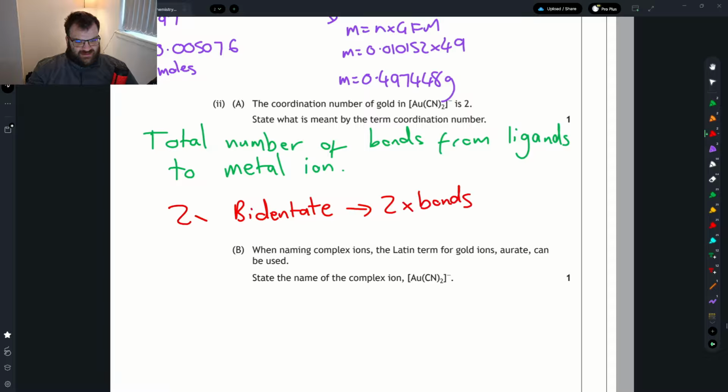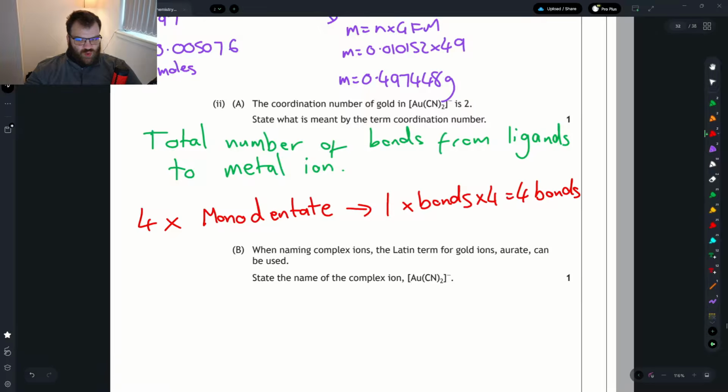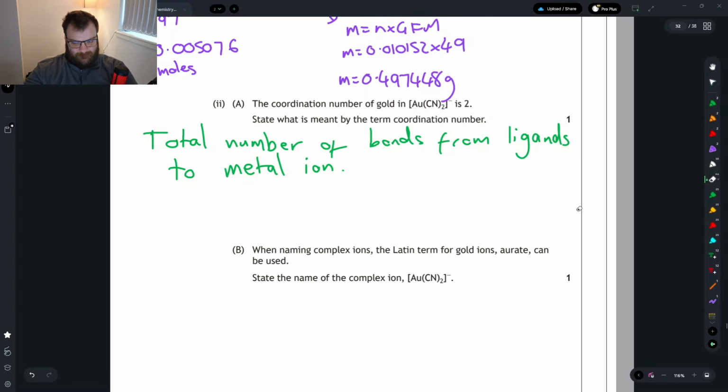Well, if you had 2 of them, that's going to be 4 bonds in total, coordination number of 4. If we had a monodentate ligand, monodentate means they make 1 bond. But if you had 4 of them, then you'd get a total of 4 bonds as well. So for coordination number, it doesn't matter where the bonds are coming from. It's just that there are X amount of connections from the ligands to the metal.